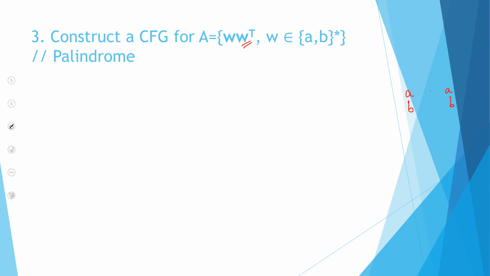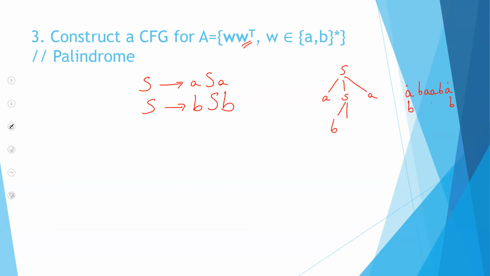So now when I think of the language, I can go like this. If it starts with A, it should end with A. If it starts with B, it should end with B. Let me think of a simple palindrome like this: ABAABA, or so. S starts with A; if it starts with A, it should end with A. Here, if it starts with B, because the next one is B, it should end with B. Next it is AA.